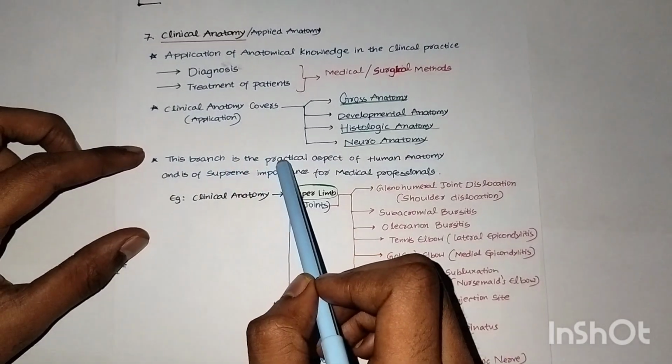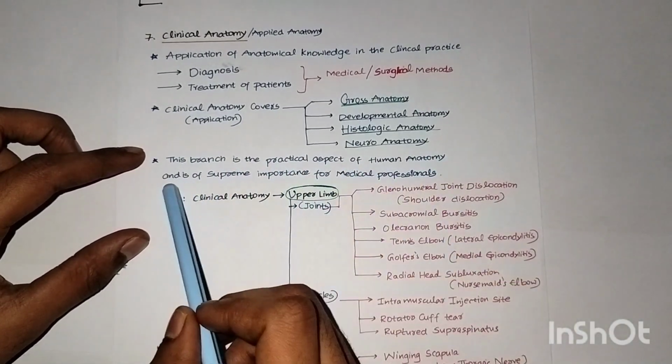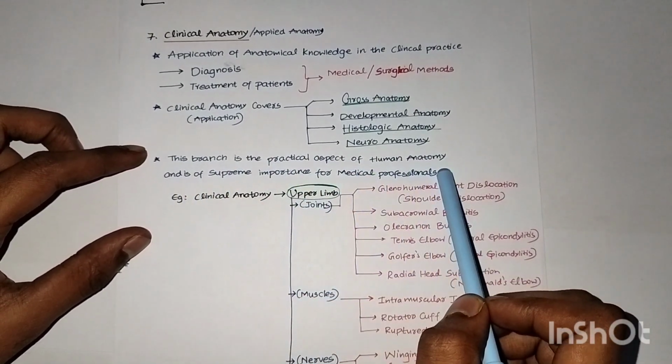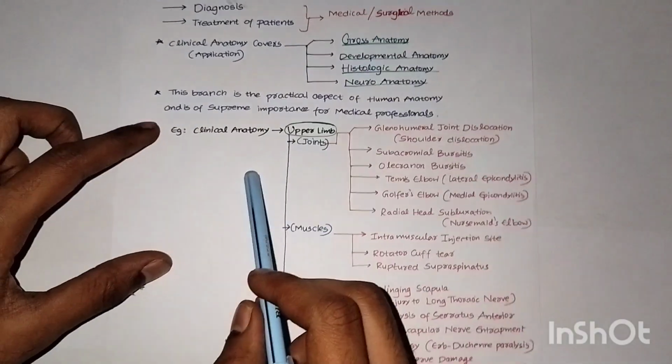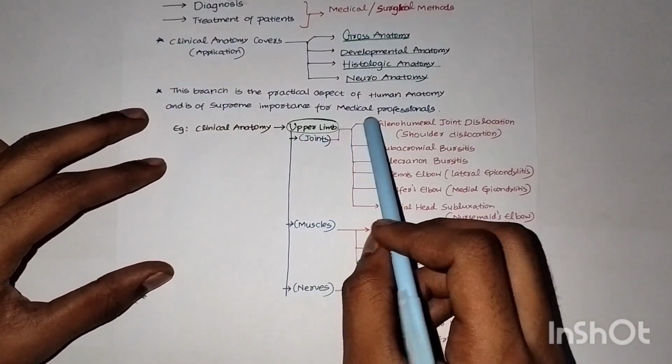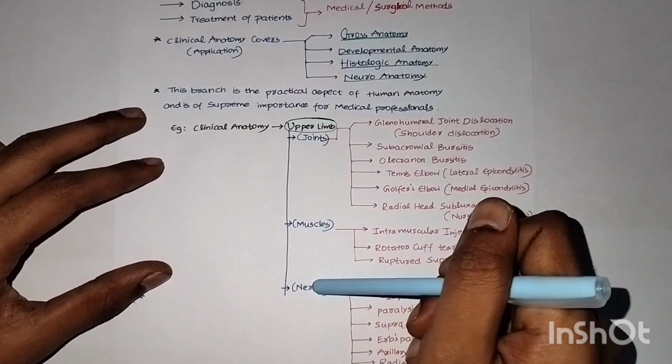This branch is the practical aspect of human anatomy and is of supreme importance for medical professionals. Example, clinical anatomy of the upper limb, like joints, muscles, nerves.